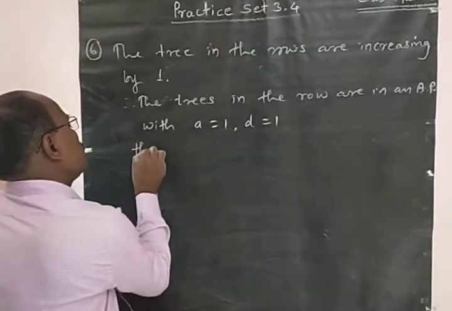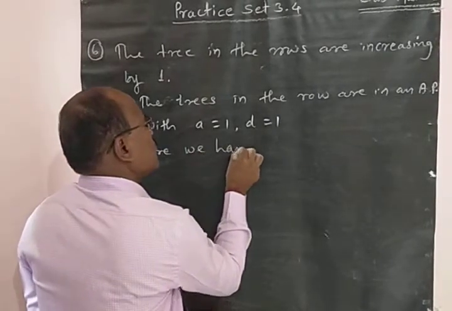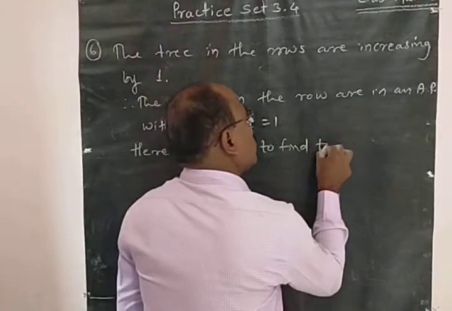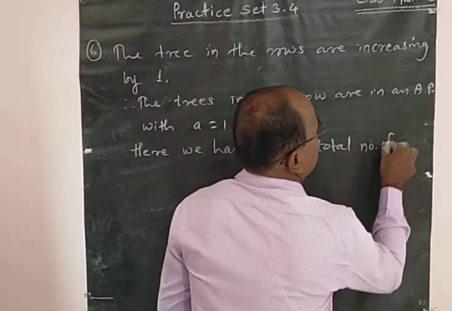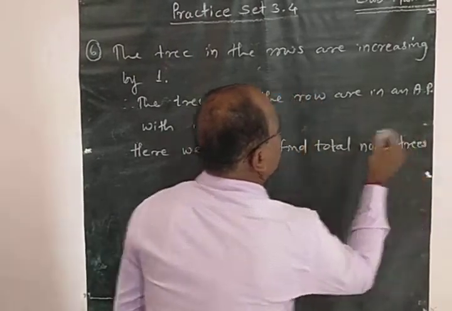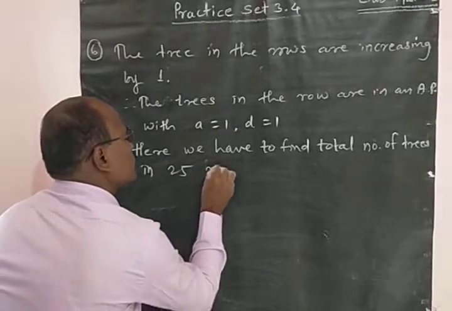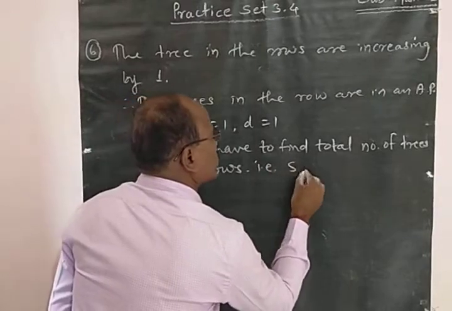Here we have to find the total number of trees in 25 rows, that is S25.